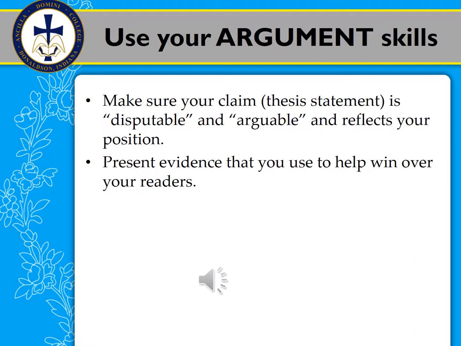Argument is a broad term and a broad approach that you're going to use in a lot of different types of writing and papers, and a causal analysis is one of them. So make sure that you don't forget about those argument skills: making sure that you have a disputable and arguable claim, presenting lots of evidence, maintaining credibility, all of those kinds of things. And again, watch out for logical fallacies as well.